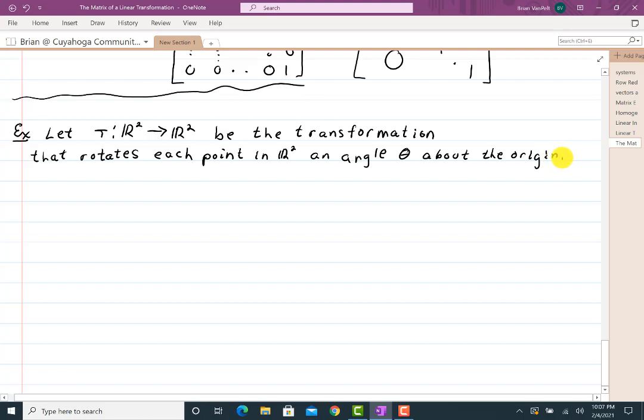And I should say this is counterclockwise. The way we normally do angle measurements in the plane is in a counterclockwise direction.